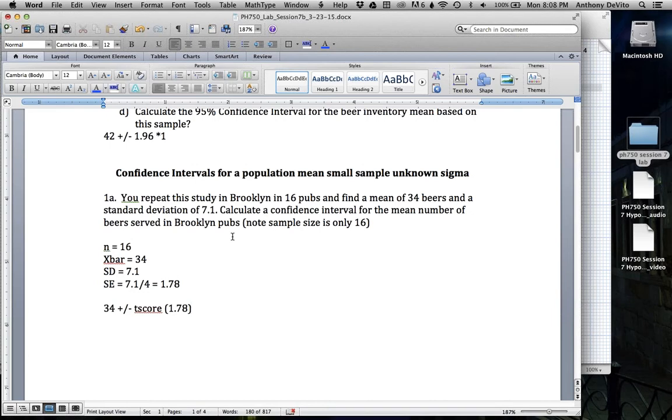So we have to make this t-score bigger to make our confidence interval wider, to make up for our uncertainty, making sure we really have a 95% chance of capturing that mean. So where am I going to get this t-score? We go back to our book and get a table.